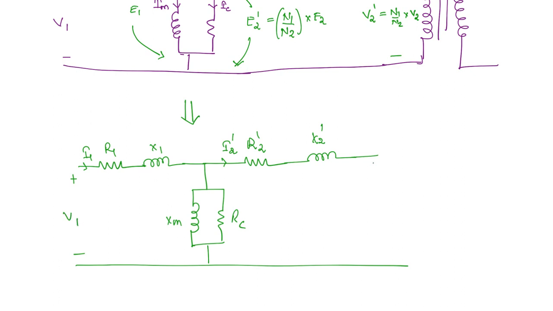This is V1 and this is V2 dash, okay. These currents also remain the same. This is the equivalent circuit referred to the primary side.